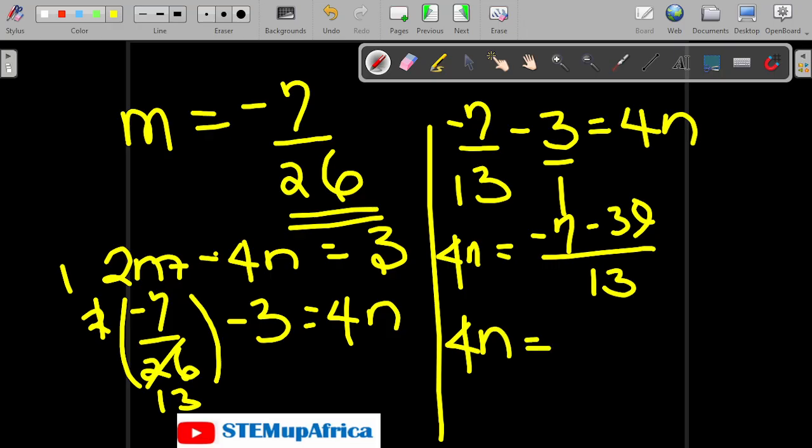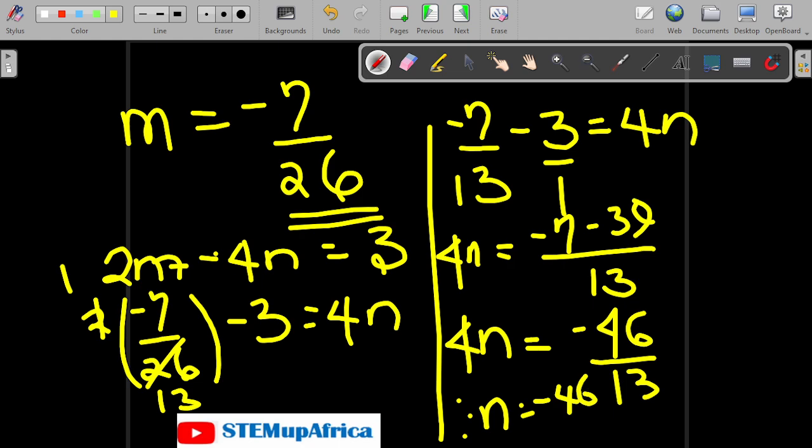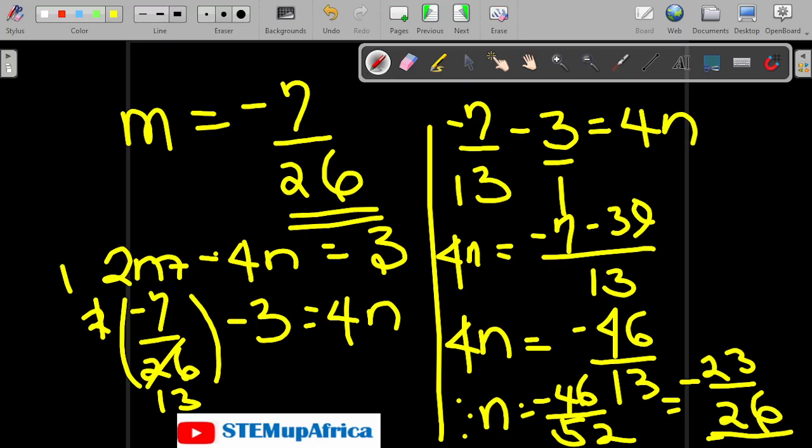Minus 7 minus 39, that will give us minus 46 over 13. Therefore, my n is simply minus 46 over 4 times 13, that will give us 52. So if I divide through, 46 divided by 52, I'll get minus 23 over 26. That's the value of n.